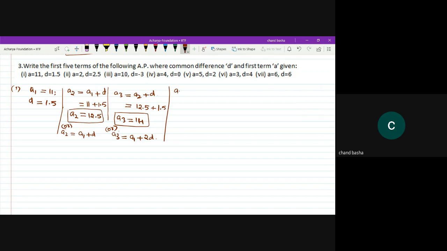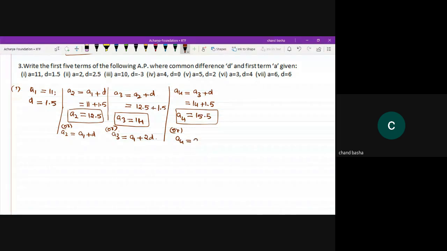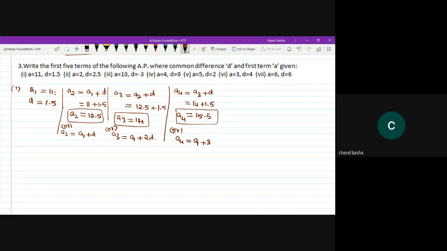Next, A4 is equal to A3 plus D. What is A3 value? 14 plus 1.5 is equal to 15.5. This is A4 value. Or if I don't want to use the preceding value added with the constant, I can make use of another formula: A4 is equal to A1 plus 3 times D, the formula which I have given to you. You will get the same answer.